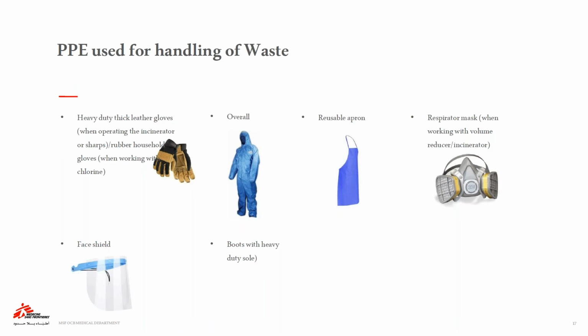While in the waste zone itself, where they do the incineration or treatment of waste, the person dealing with this type of waste has to wear heavy-duty thick leather gloves, especially when operating the incinerator, as these gloves are heat resistant and thick, which does not allow any puncture from sharps.